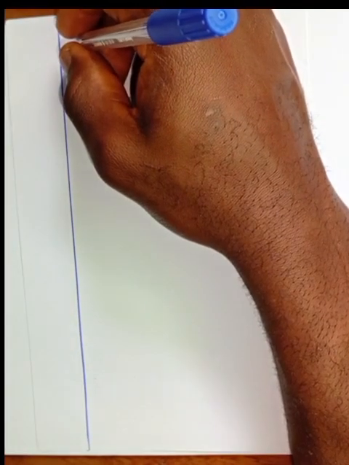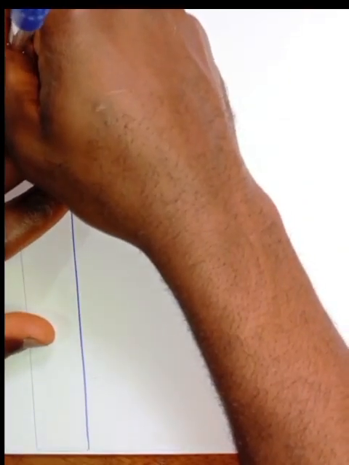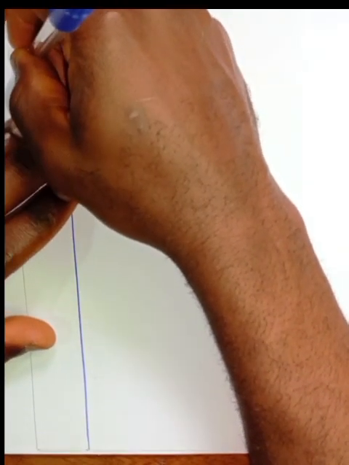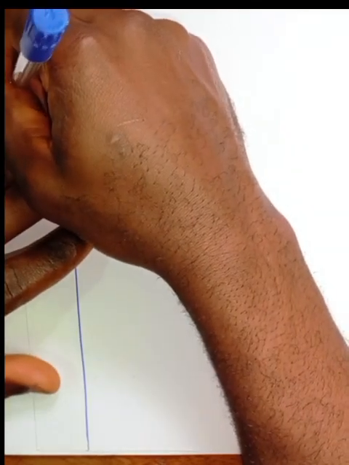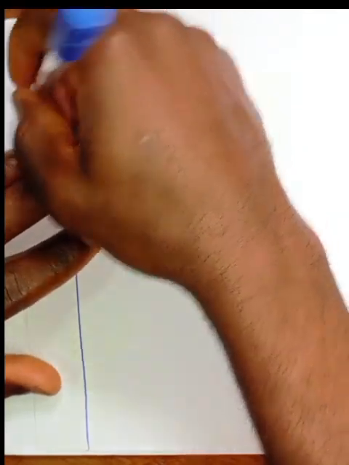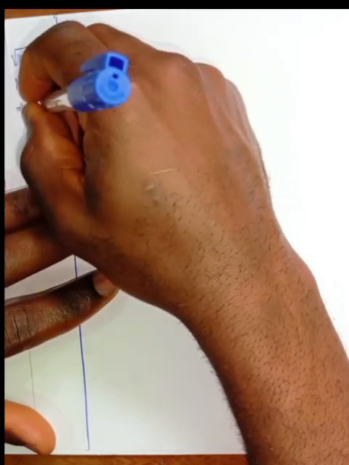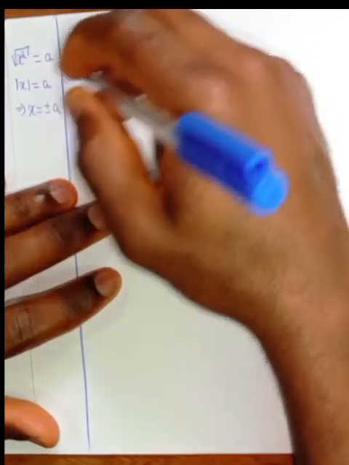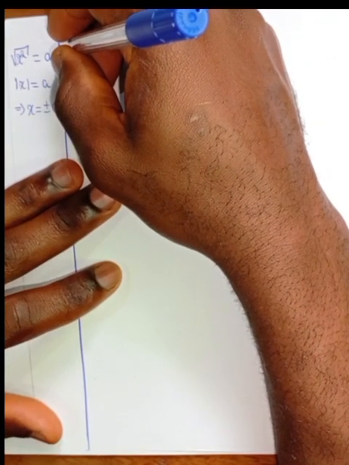Now, we know that if we take the square root of x squared, if x squared is equal to a, this will give us the magnitude of x is equal to the square root of a. If you take the square root of x squared, it will simply give the magnitude of x.